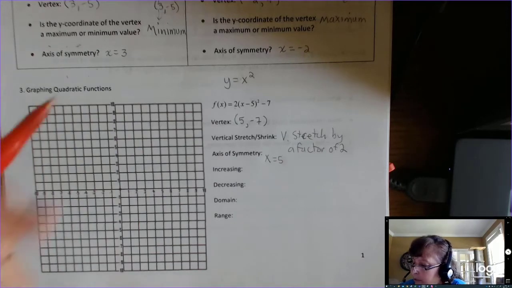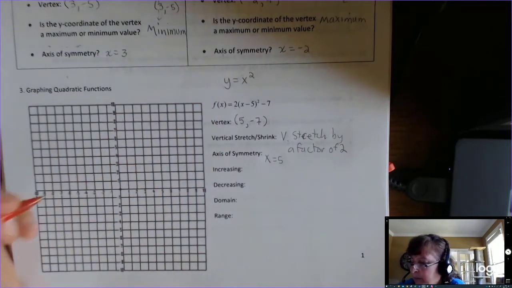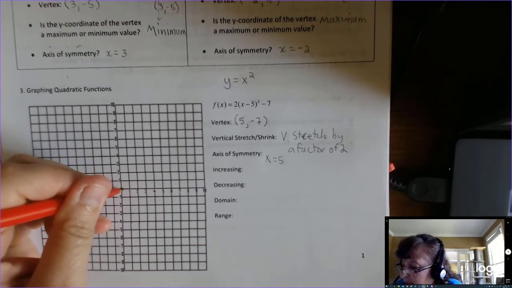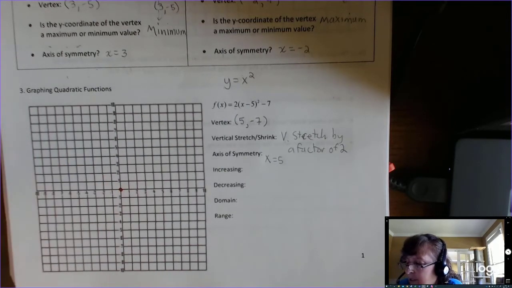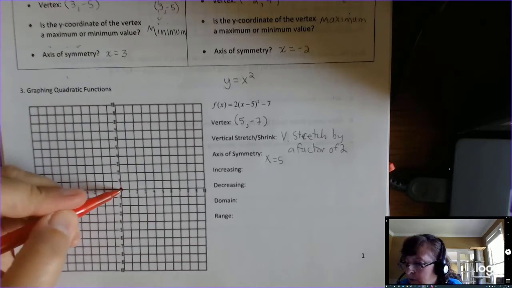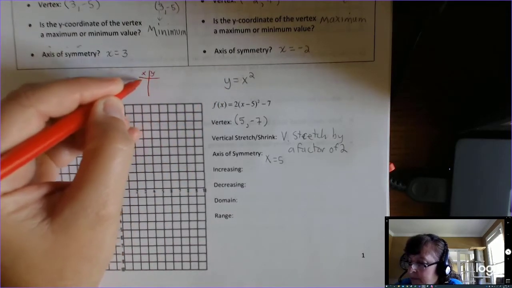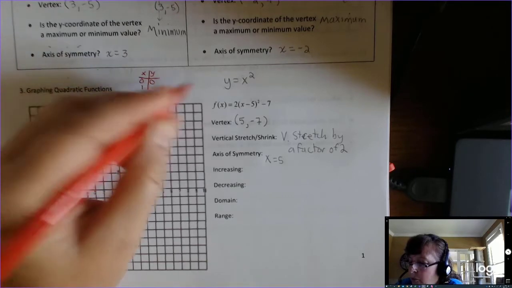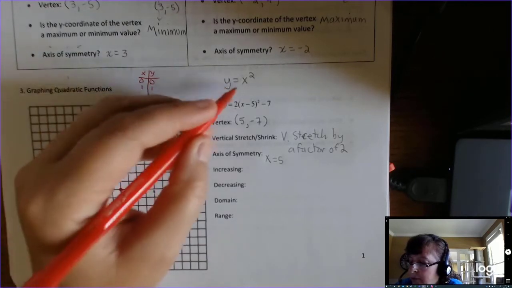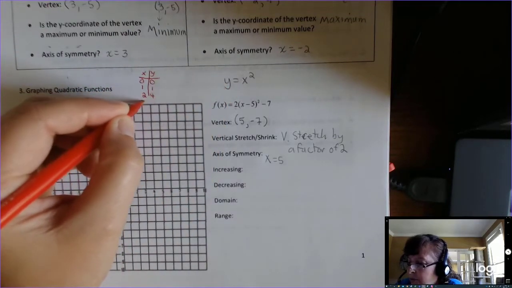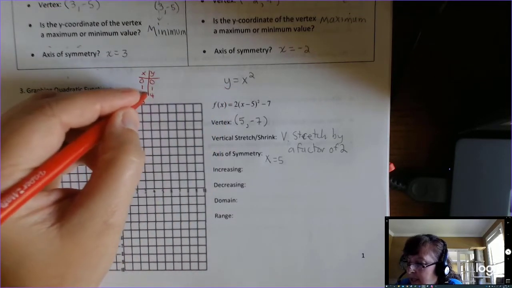And then let's graph it, and I'll show you the trick to graphing it. So what I'm going to do is graph this parent function. I'm not going to need to do it every time, but we really want to think about it at first. So the parent function has ordered pairs 0, 0. When you put 1 in, you square it, you get 1. When you put 2 in, you square it, you get 4. When you put 3 in, you square it, and you get 9.